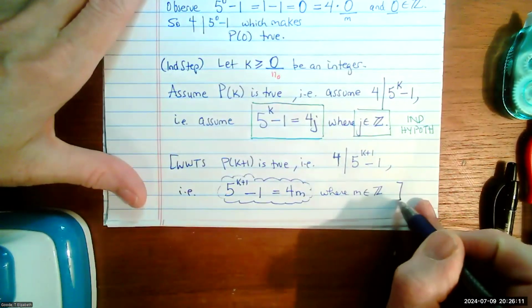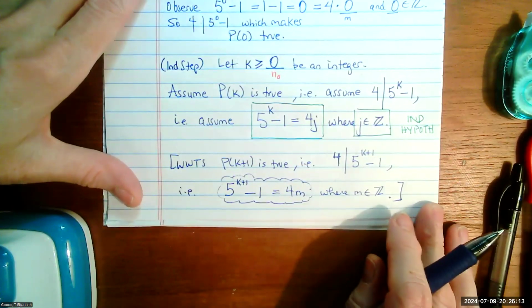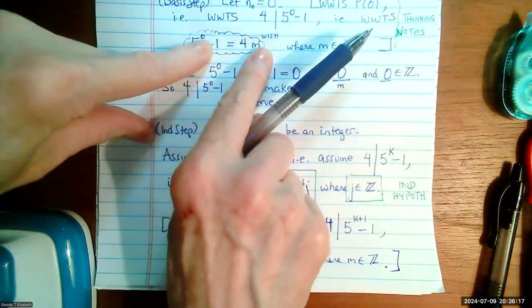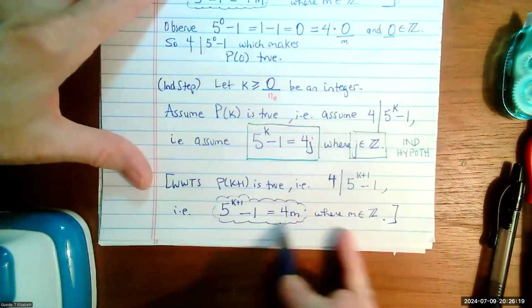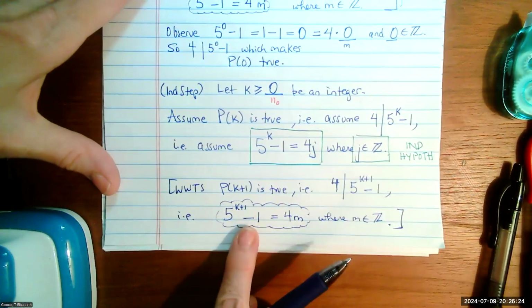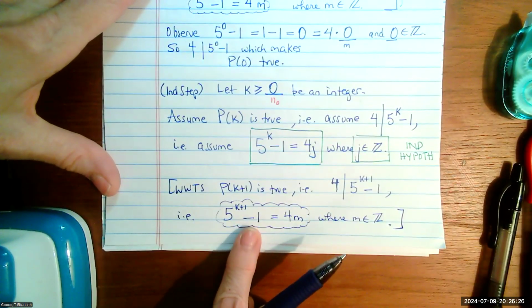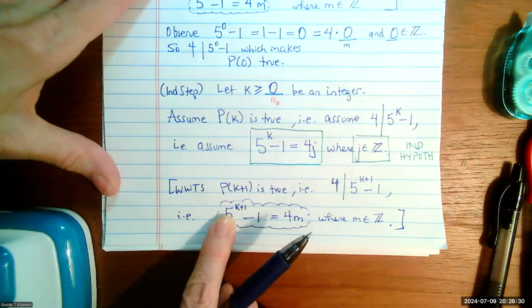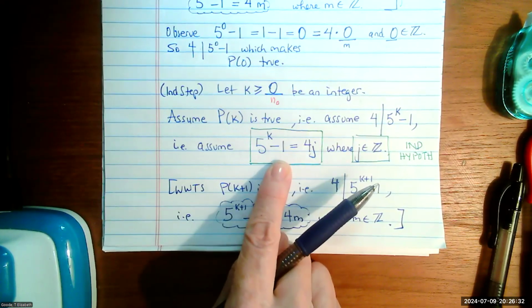We never assigned anything to the value M. So when we used M up here, this was inside thinking notes. See, this didn't compile. This isn't compiling either. We can reuse M. So this tells us, hey, we got to look at 5 to the K plus 1, whole thing minus 1. We got to look at this. And this is what we have to use.